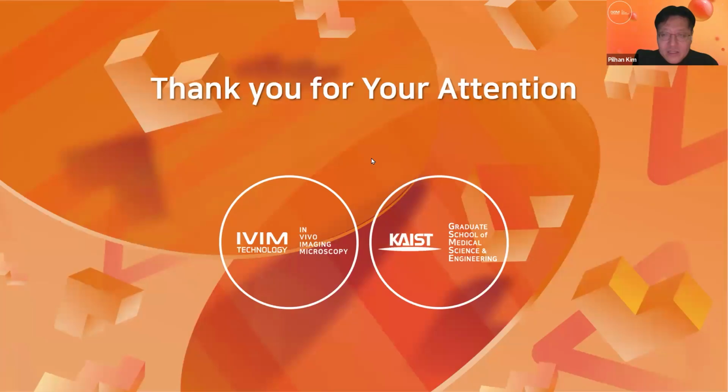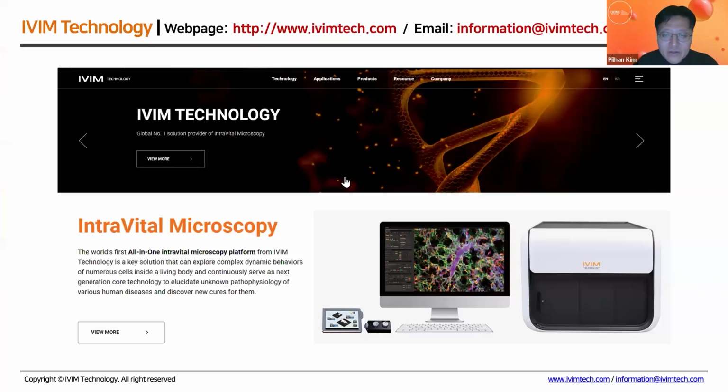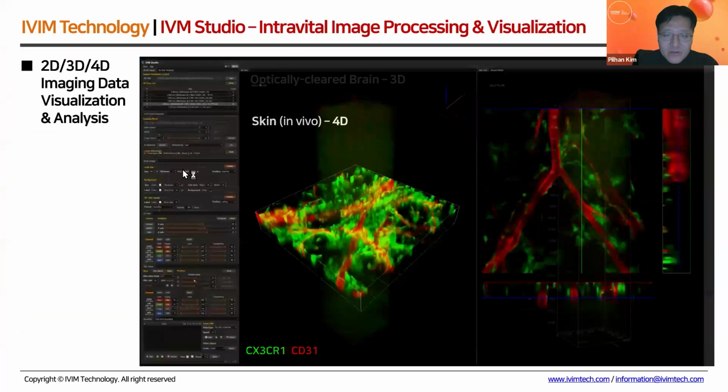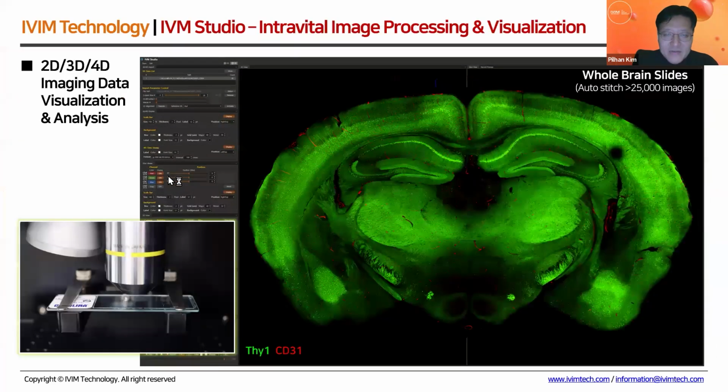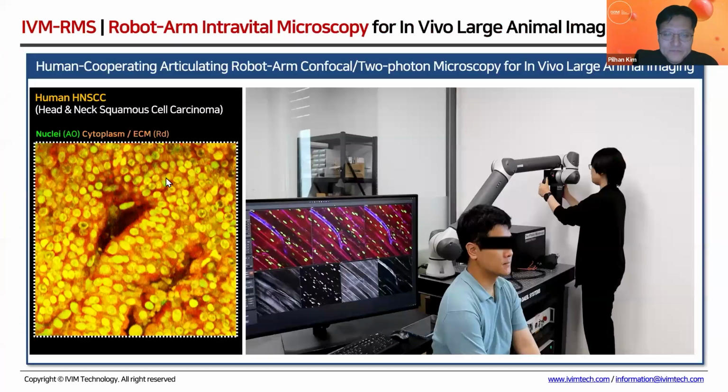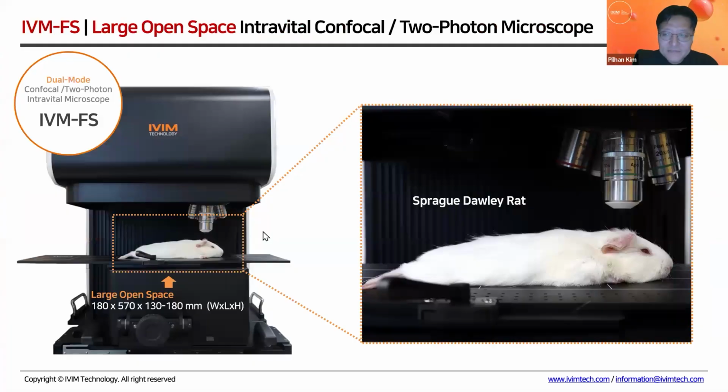The next question is: is it possible to use other sized animals instead of mice? Yes, we can. As I showed you, we can handle not just the mouse model, but also larger models like this one.